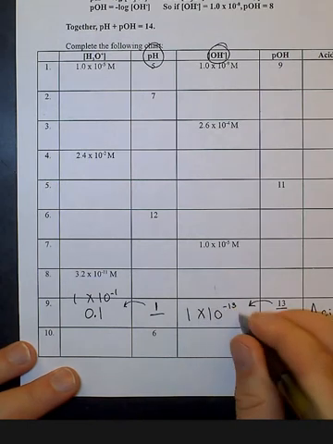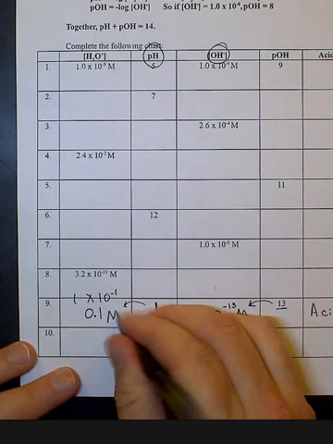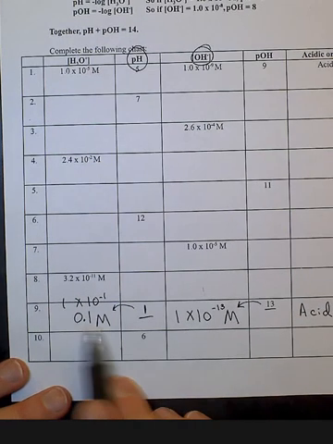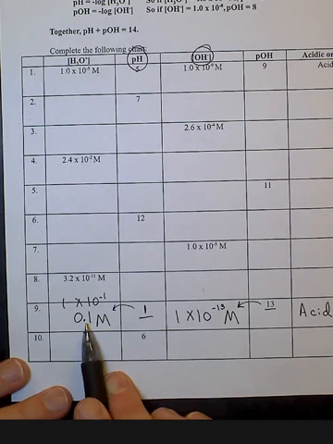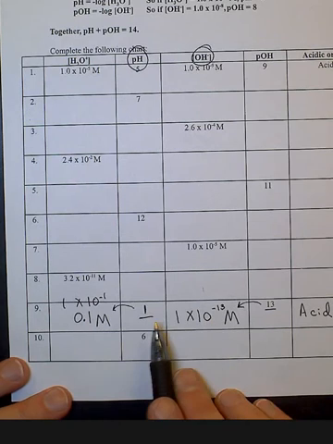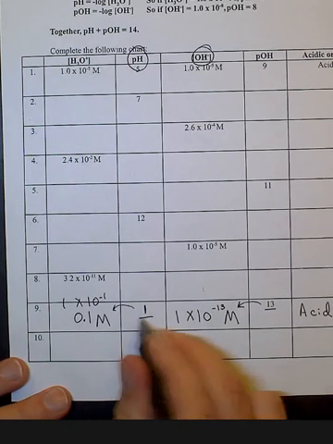And this should be M, capital M for molarity. Okay? This concentration of hydroniums is much higher than this very, very small number. That's why this is an acidic guy.